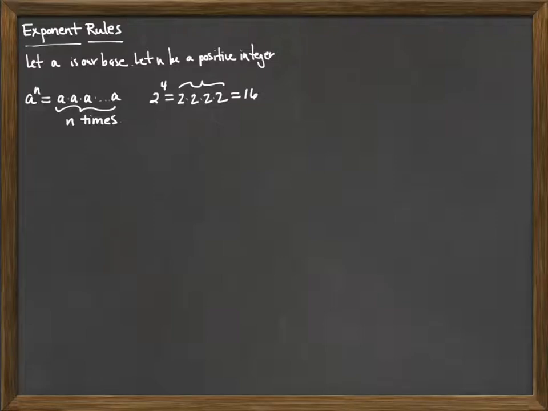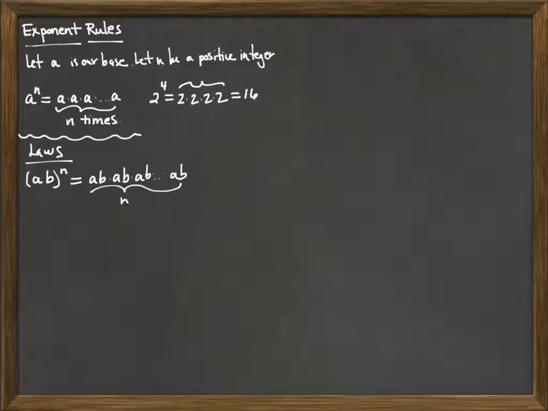Great. Now, with just that rule, let's establish our laws of exponents. The first one is, what happens when we take a product of bases and raise it to a power n? Let's see if we can construct it. That means AB times AB times AB, n times, just as above.